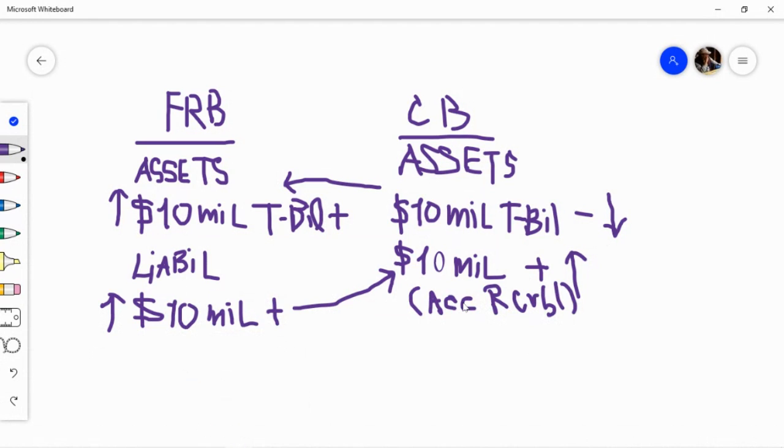So this is like 10 million deposited into your account. And that enables the commercial bank to increase lending by up to 10 million. Does that make sense? Yes. So then the commercial bank will make the loan, an additional $10 million loan.